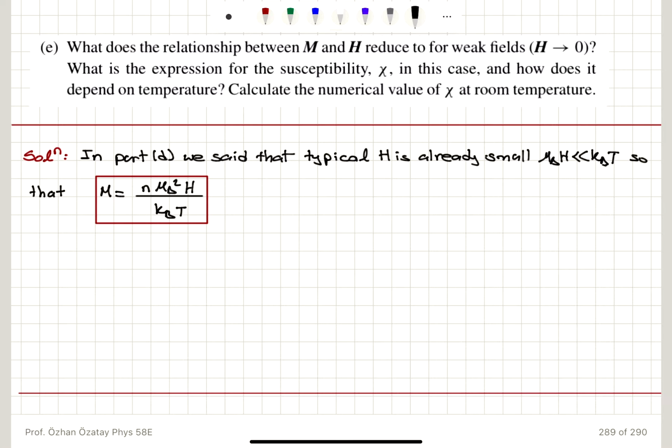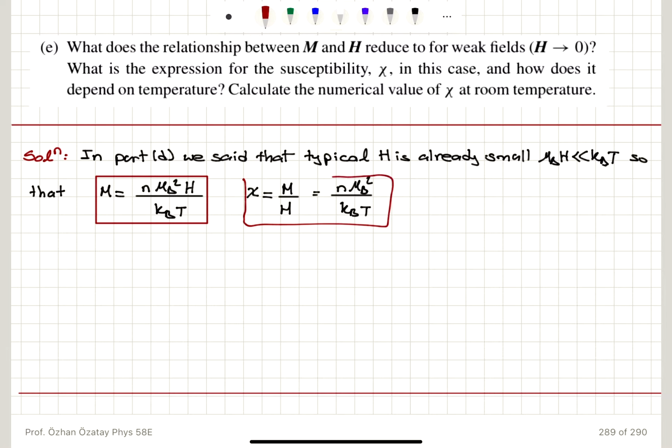Now what is the corresponding susceptibility? Susceptibility is magnetization divided by the magnetic field H, and it is n mu_B squared divided by k_B T. So this is the susceptibility expression.